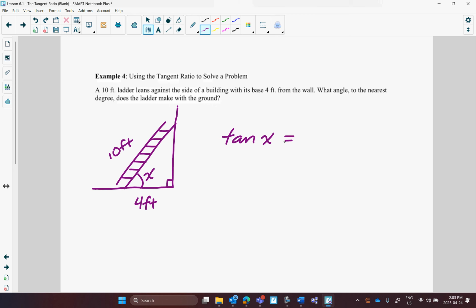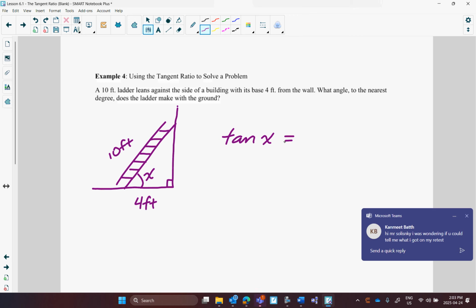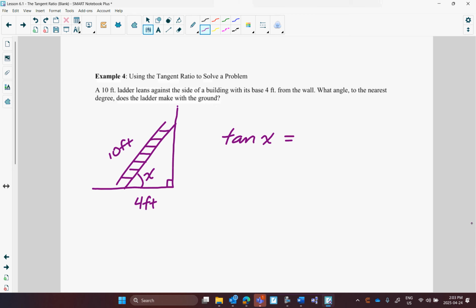How do we know which one's which? What side is opposite angle X? It's the unknown. But can I find it? Using what kind of math? A squared plus B squared equals C squared.